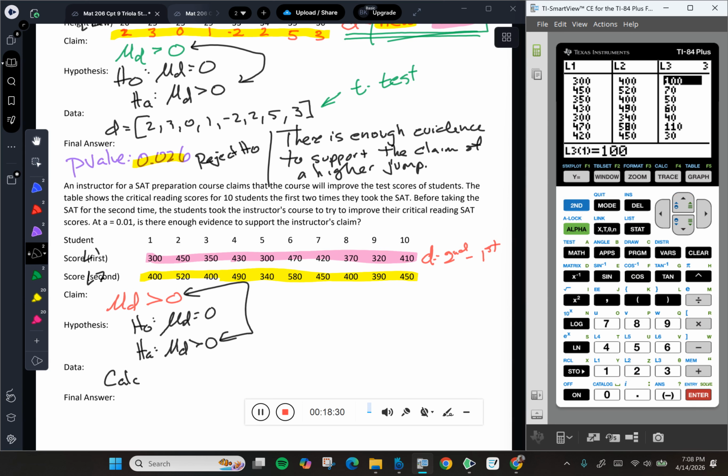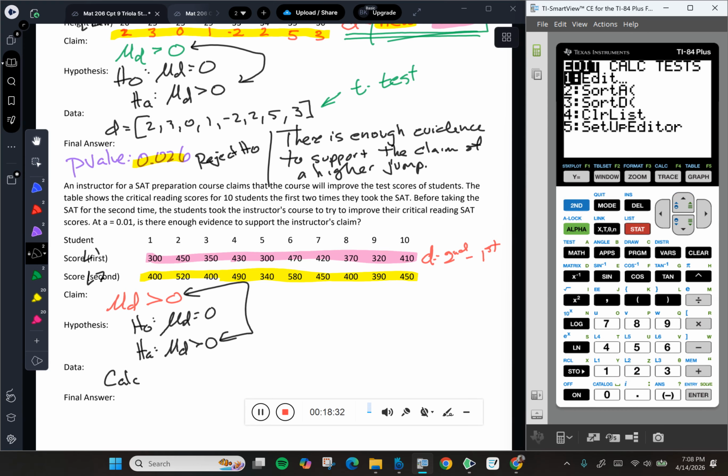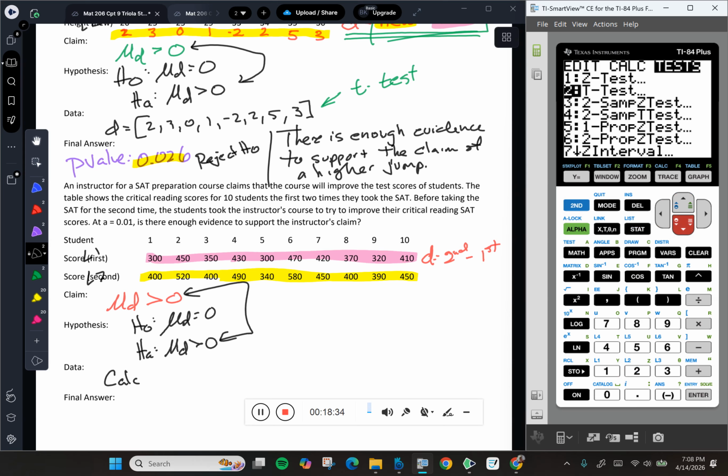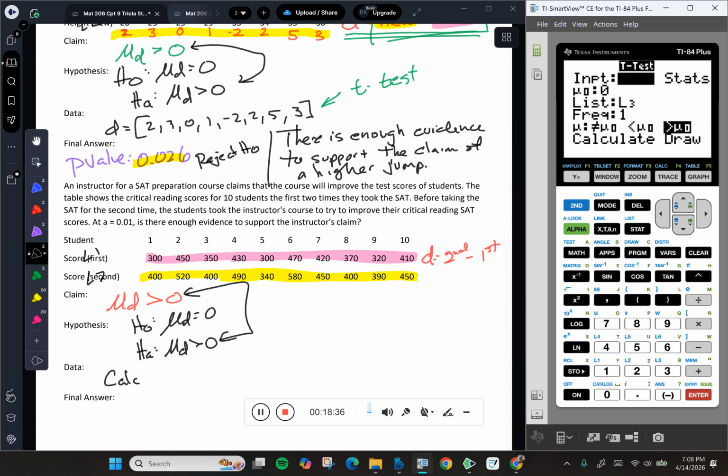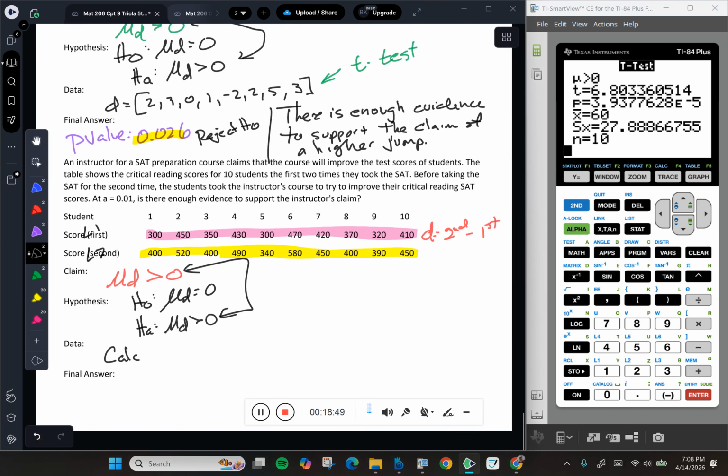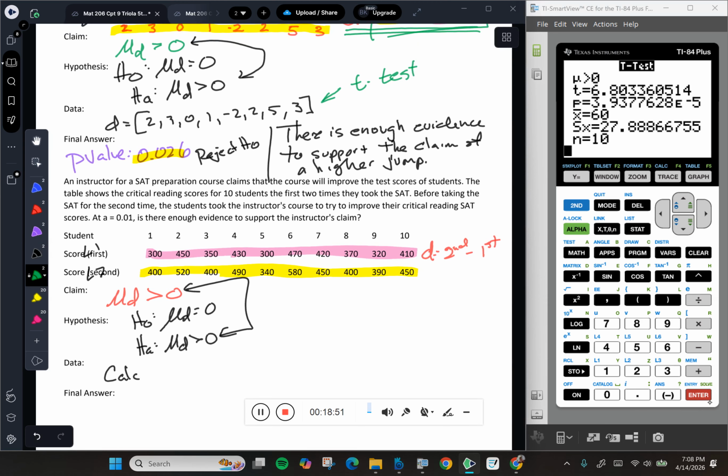Data's in the calculator. I'll run the test. The test is a t-test on a single data set. The equality is 0, L3, but this time I still want greater than, so I calculate. I get a test statistic of 6.8. That's crazy huge. More importantly, though, I get a p-value. Look at that p-value.